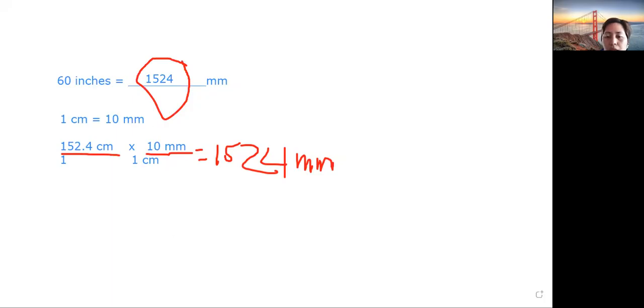So that's the long way. But if you know that 1 meter is equal to 1,000 millimeters, then you can just do it like this. This is the short way.